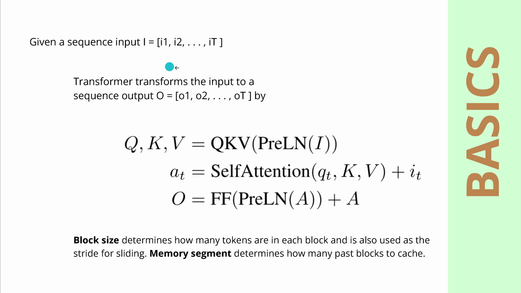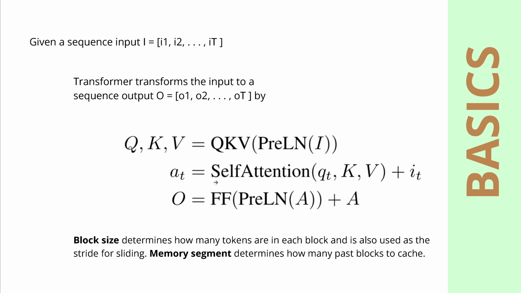And the transformer transforms our input into an output sequence, uppercase O, with lowercase o1 to, for example, o100. And this is done by some simple formulas. You are familiar with this, but let's repeat. We create our query, key, and value matrix structure. We calculate the self-attention mechanism exactly on this structure.